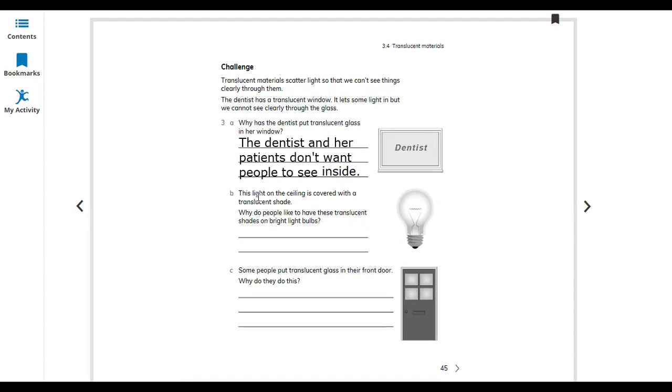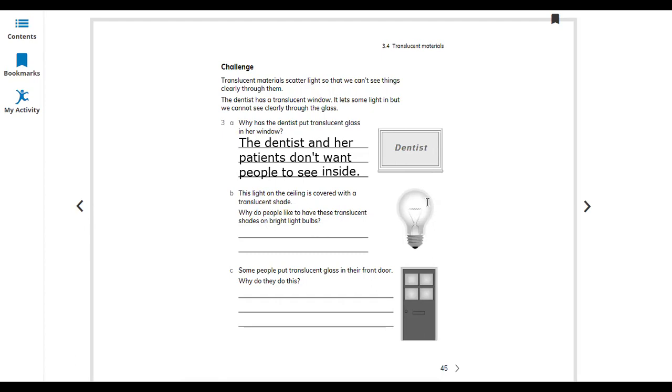Number B, the light on the ceiling is covered with a translucent shade. Why do people like to have this translucent shade on a bright light bulb?